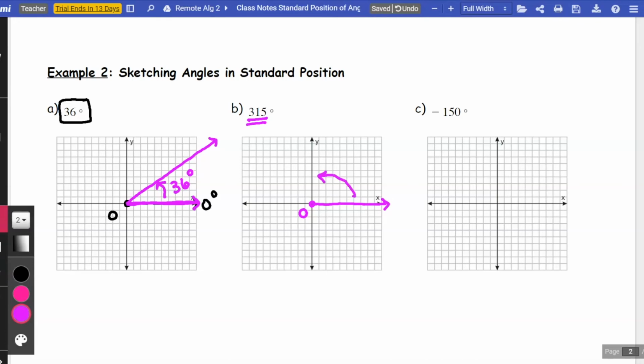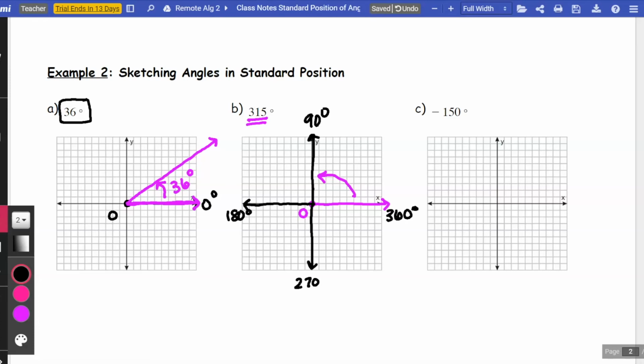So if I stopped my angle here, I'm going to use black, I would have a 90-degree angle. If I put my terminal side here, I would have 180 degrees. If I put my terminal side here, I'd have 270. And if we went all the way back to the initial side, we would have a total of 360 degrees.